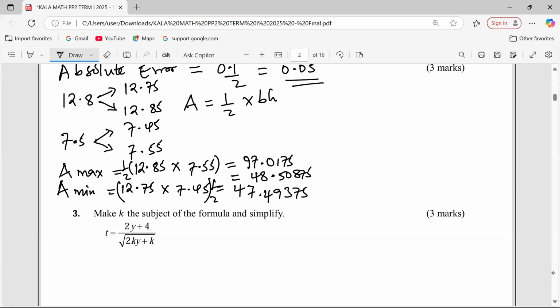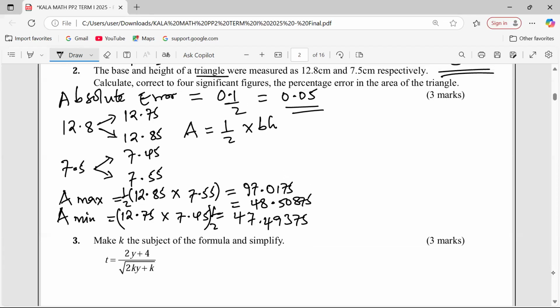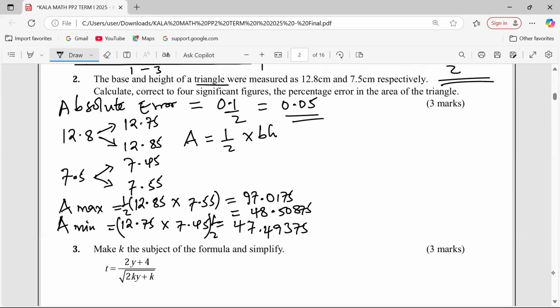So we have both the maximum and minimum areas. After this, we can talk about absolute error in the calculation of the areas now. Remember, there was absolute error in recording of dimensions.